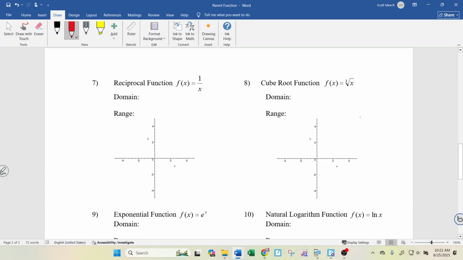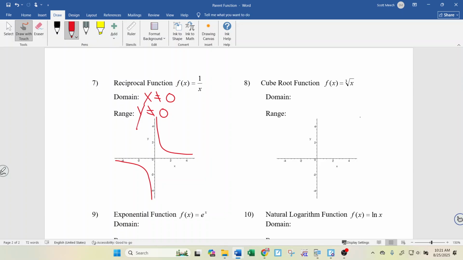First off, the reciprocal function. 1 over x just looks like this. And x cannot be 0, and y cannot be 0.